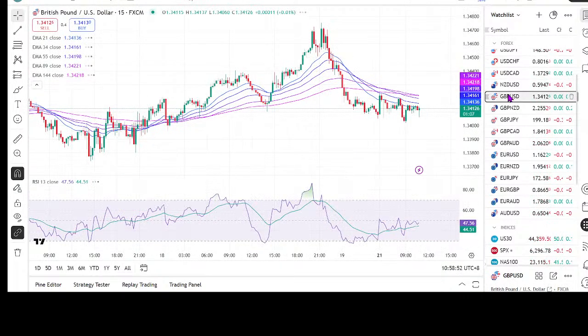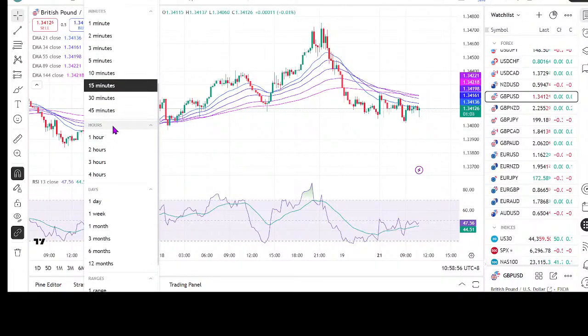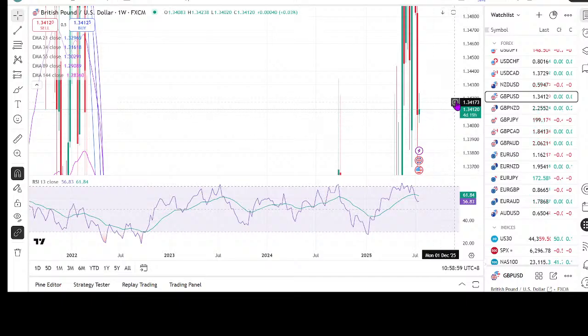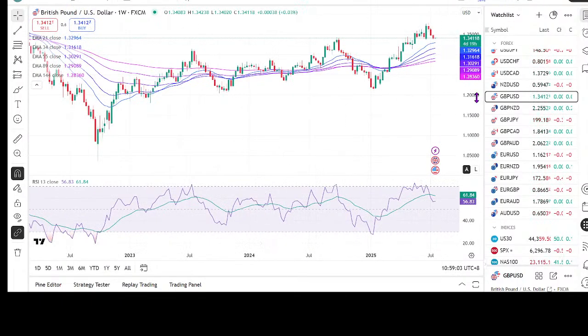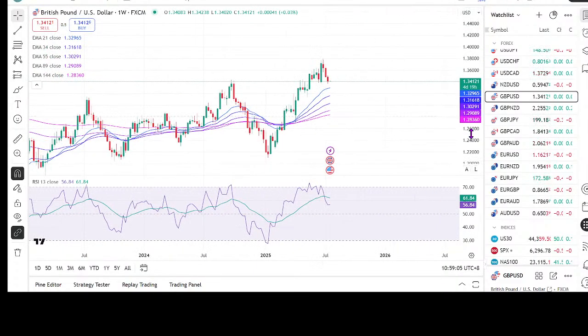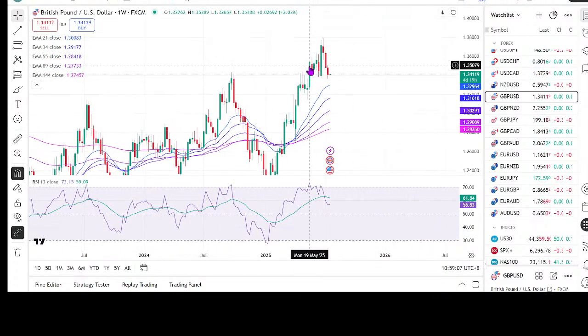Okay, the next currency we are looking for is the pound. Okay, pound weekly. Okay, weekly, this pound looks more or less weaker than the euro, because this is already hitting near the previous week low, which is a long range.